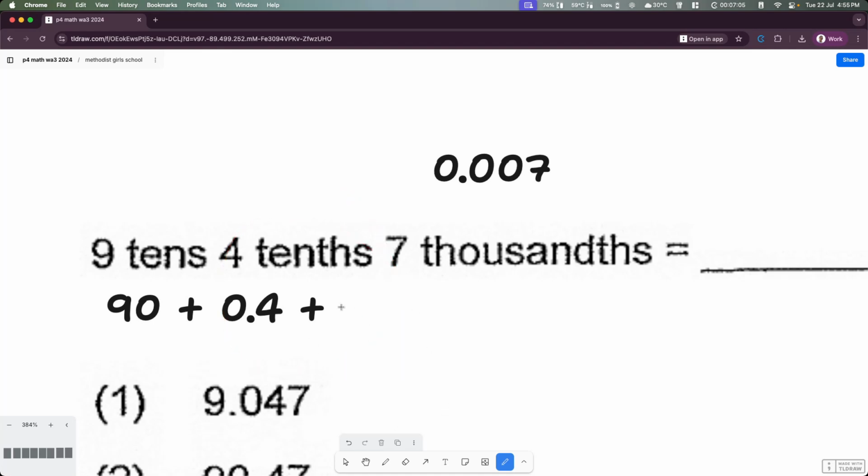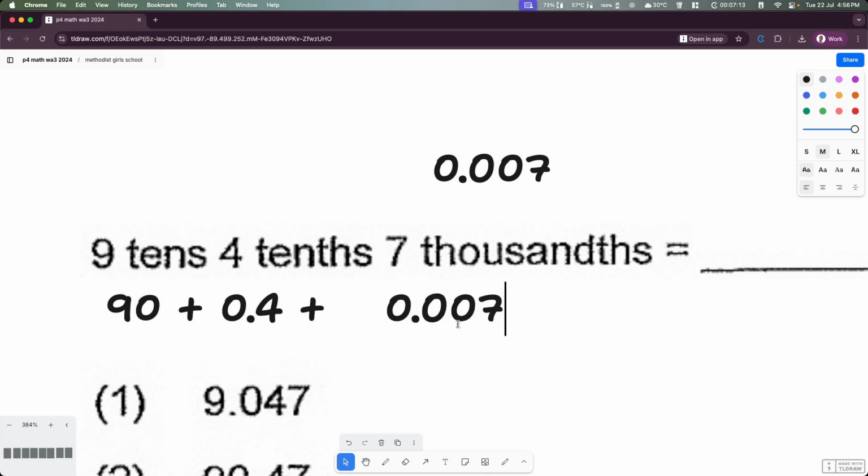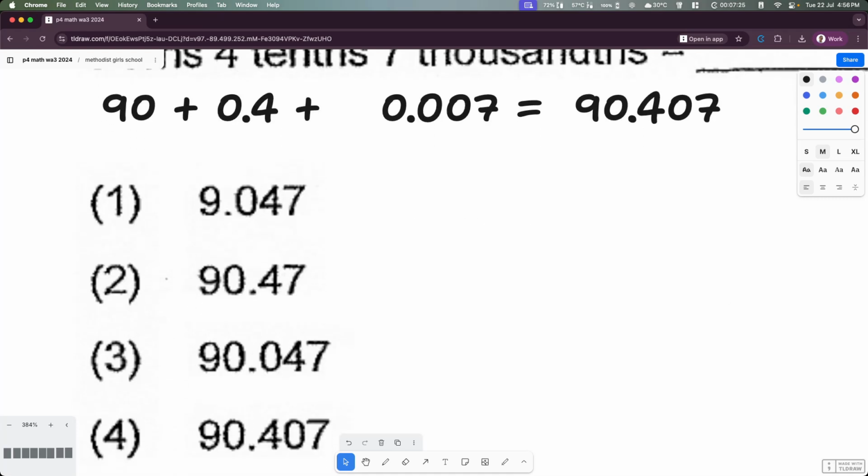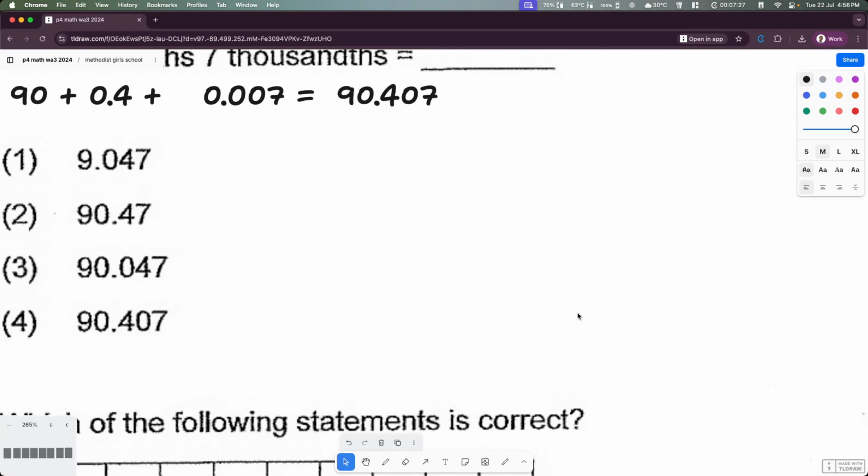So if I look back, this will be plus 0.007, and this is equal to 90.407. And the answer to this question is number 4.